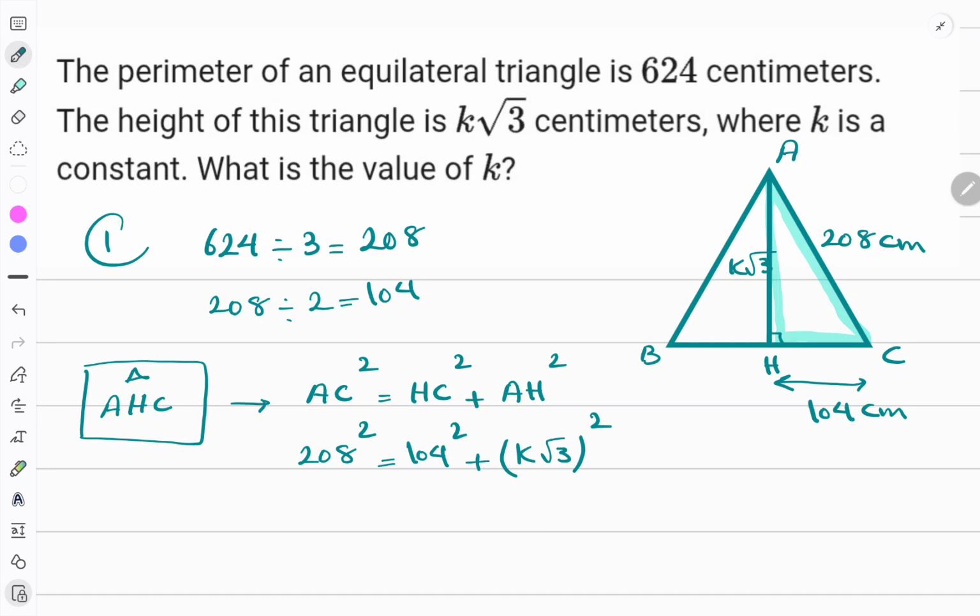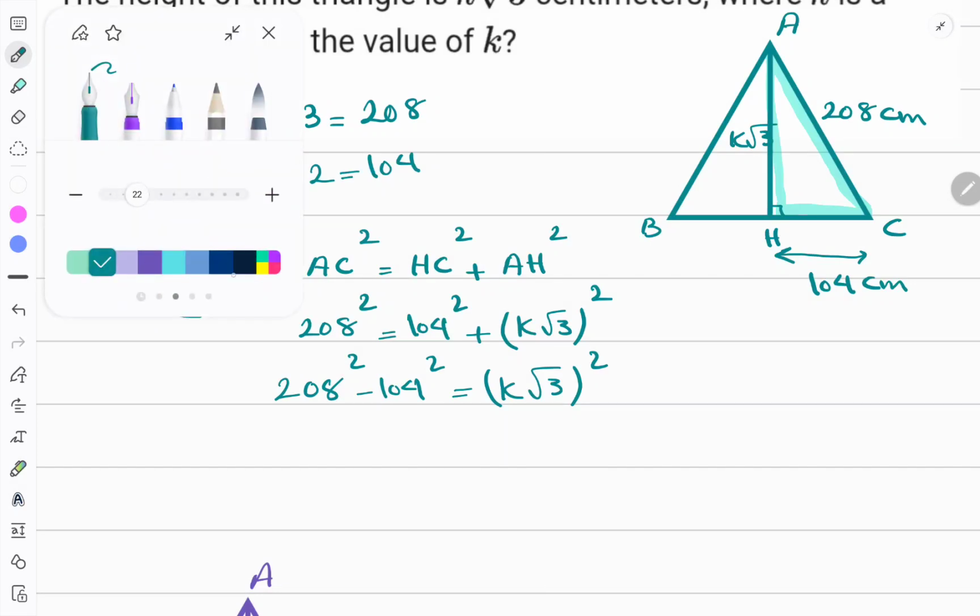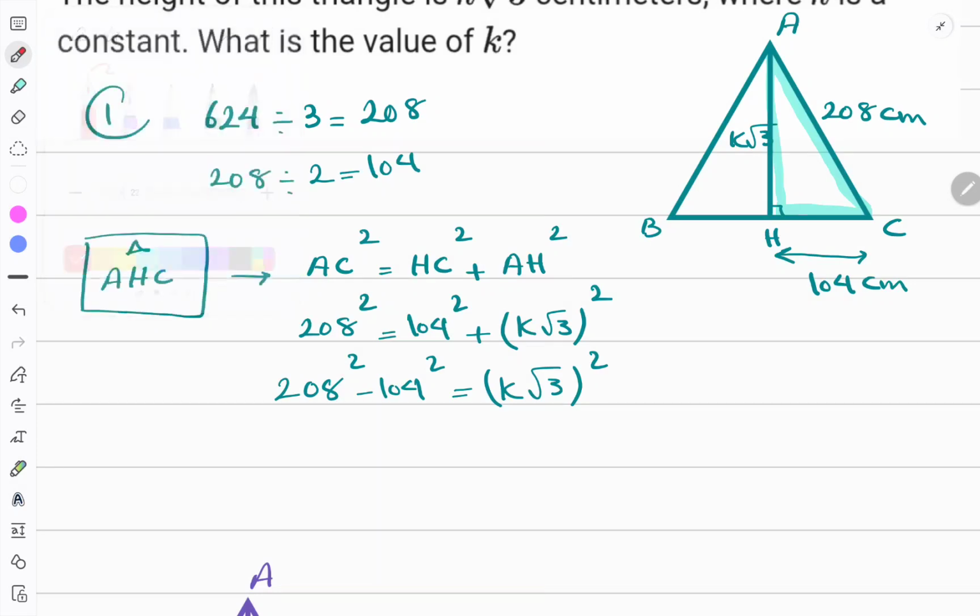We can simplify this and subtract 104 squared from both sides to maintain the balance of the equation, and find the square root of this side of the equation.